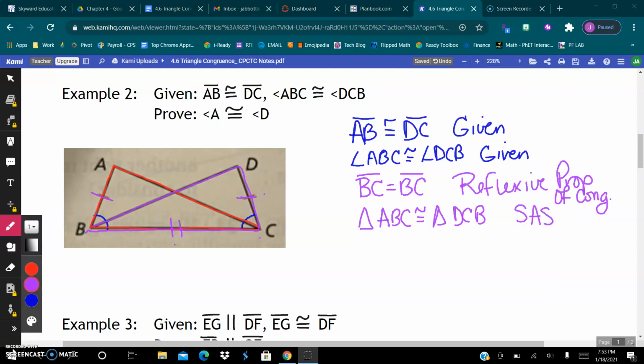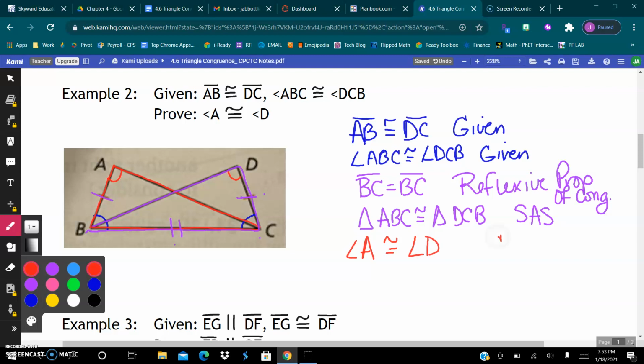And then once we know that the two triangles are congruent, then the other corresponding parts, angle A and angle D, have to be congruent. So angle A is congruent to angle D because of that CPCTC.